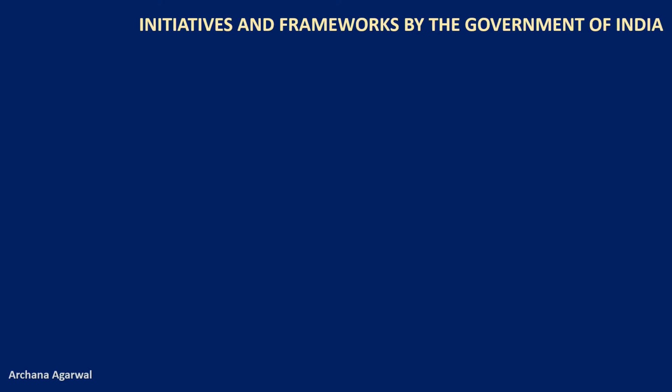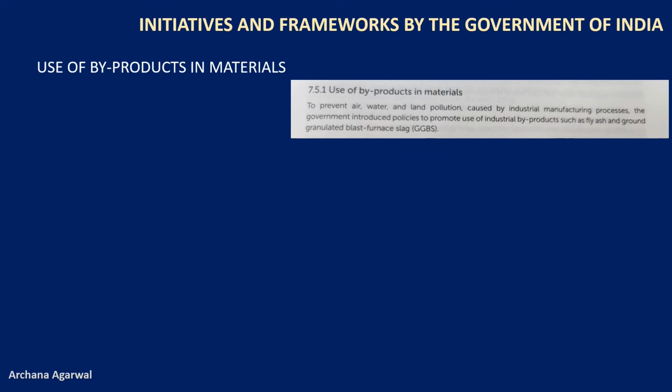The Ministry of Environment, Forest and Climate Change has issued policies to incentivize or deter the use of different construction materials in India. To prevent air, water and land pollution caused by industrial manufacturing processes, the government introduced policies to promote the use of industrial byproducts such as fly ash and ground granulated blast furnace slag, that is GGBS.